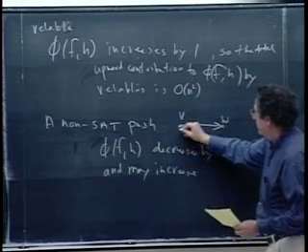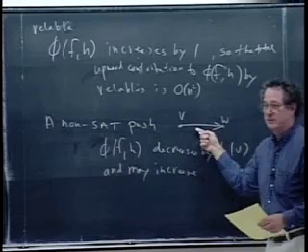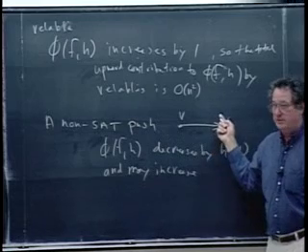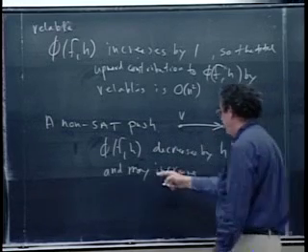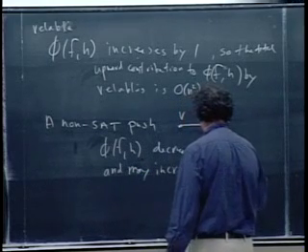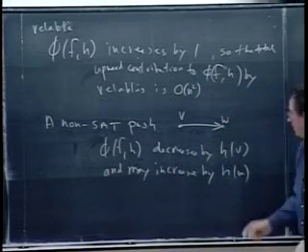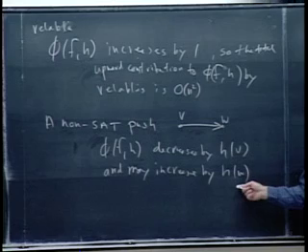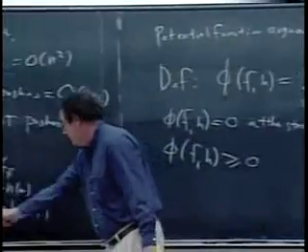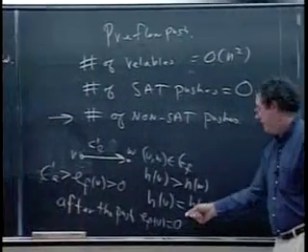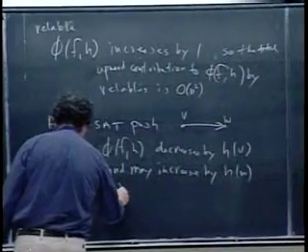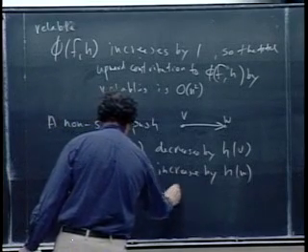Maybe just after the liquid leaves V, this thing immediately changes, and then when it hits W, if W didn't have excess previously, then it increases by H of W. But what do we know about H of V and H of W at that moment? We said it over here that H of V is equal to H of W plus 1. H of V is bigger than H of W.